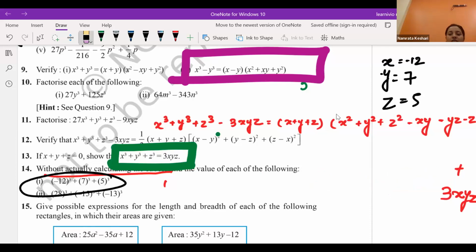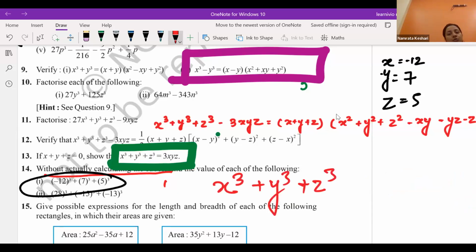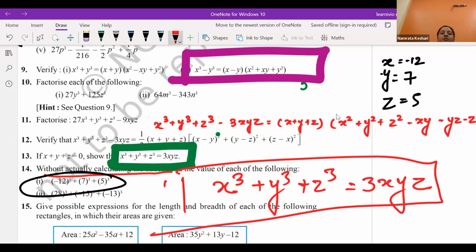Actually, this is just the customized version of the same formula. If your x plus y plus z is 0 in any situation, then the huge formula which I have written with the red marker got converted into such a smaller formula, that is x cube plus y cube plus z cube is equal to 3xyz. This formula you will be using only when your x plus y plus z is 0. Clear?